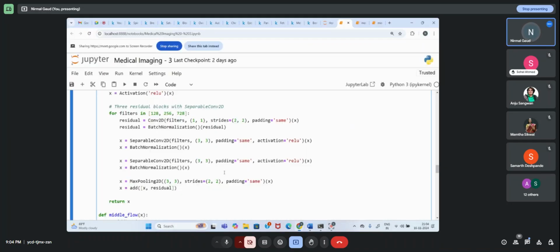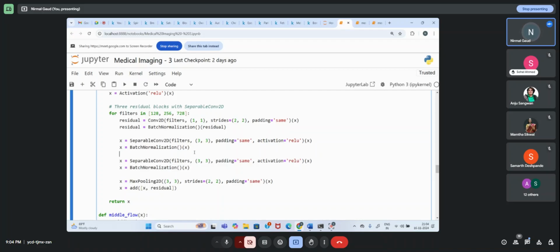Okay, in coding also it's clearly mentioned. So just keep one residual connection of 1 cross 1 size. All right, rest is your separable convolution.